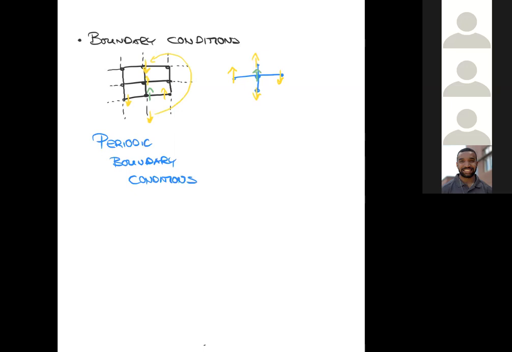Effectively what that means, and I'm not going to be able to draw this well, is that your lattice actually lives on some kind of torus, where if you run out of the lattice on the right, you come back on the left. So we can go around in the circle this way, or we can go around in the circle this way.